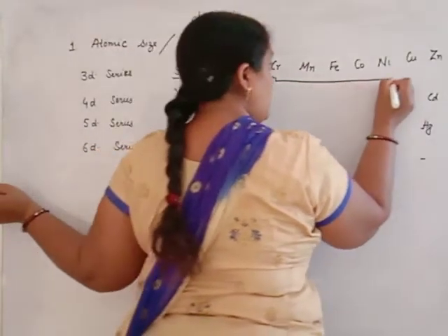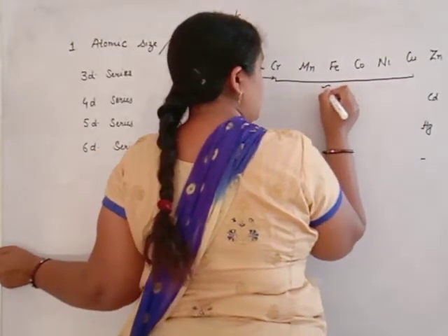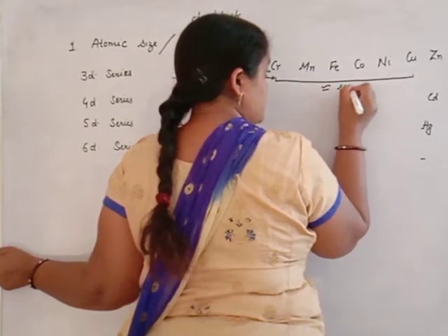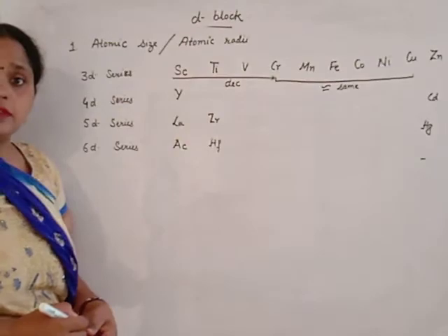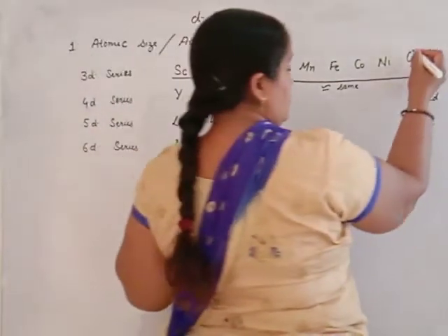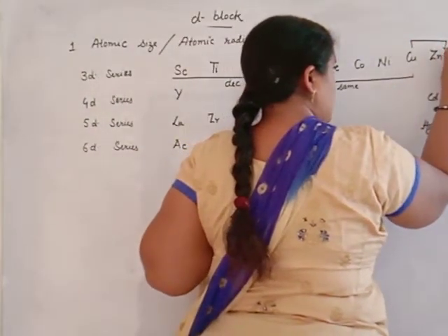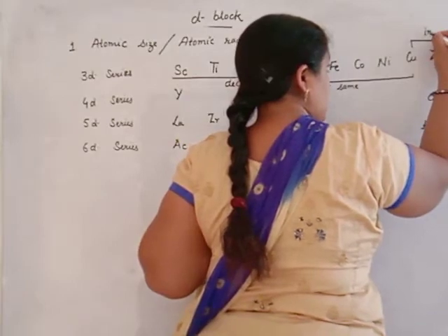From chromium to copper, size is approximately the same. And from copper to zinc, size increases.